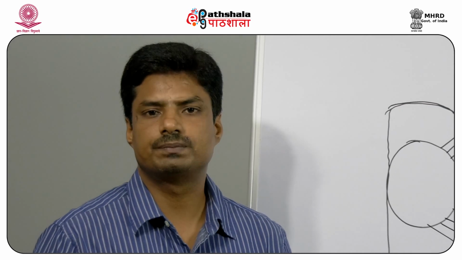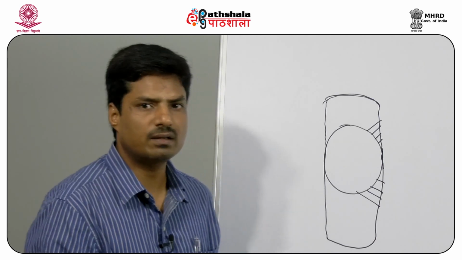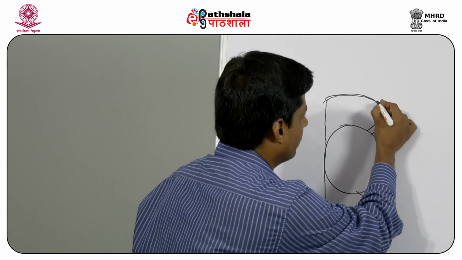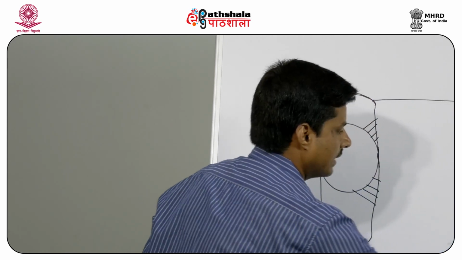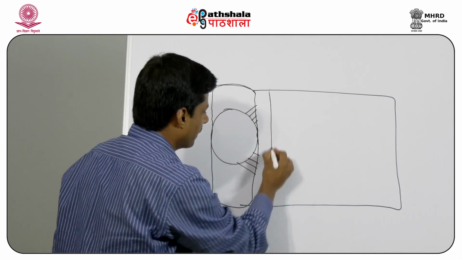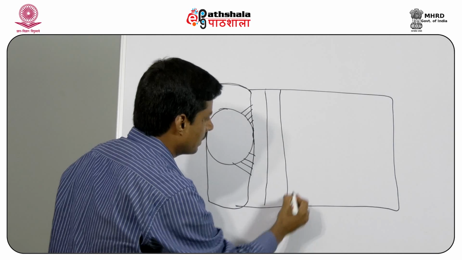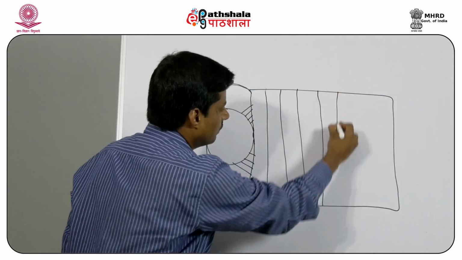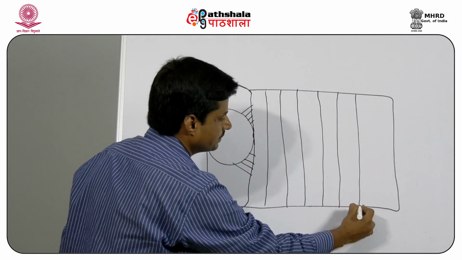Dear students, in cylindrical projection, parallels and meridians are equally spaced, or we can say, when we draw it on a sheet like this, these longitudes will be equally spaced.